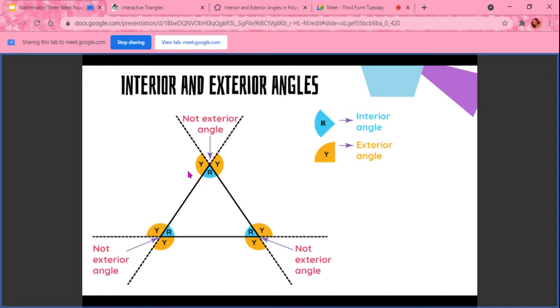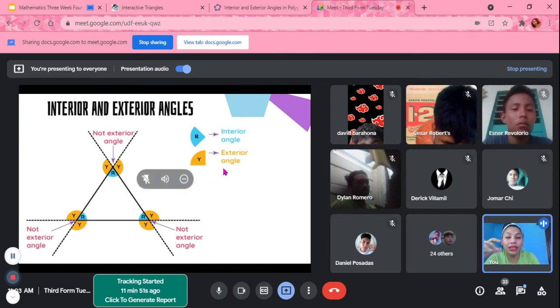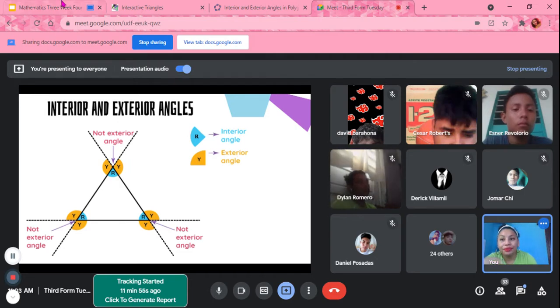It cannot be both of them. And the same thing with the last one. So it's either or. The angle in between, so if I were to extend this line and I extend this line, what is in the middle is not an exterior angle. It is not. So we have to be careful, and this is very important when we are looking at the triangles and when we have extended our triangle sides.